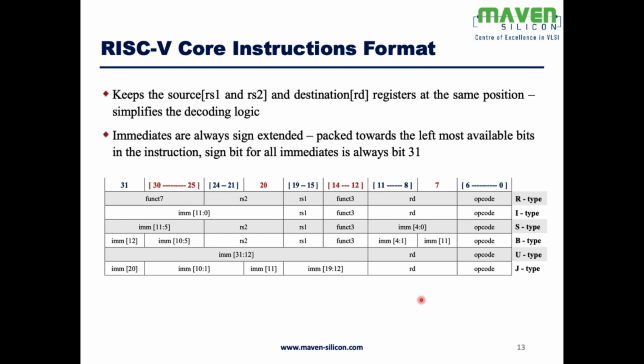Here, if you consider all the instruction types, the source registers RS1 and RS2, the destination register RD and some of the fields like function 3 have been placed at the same location. Look at this. RS1 is placed at the same position for all instruction types.